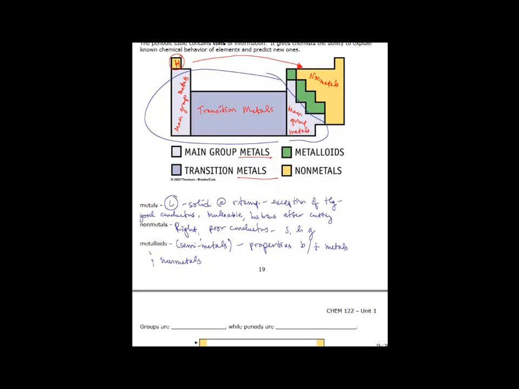So the metalloids are this stair-step area, so I'm going to fill these in for you. If you look at your periodic table, you have boron, silicon, germanium, arsenic, antimony, and tellurium. So these are your metalloids. So they're kind of in between, not quite a metal, not quite a non-metal.